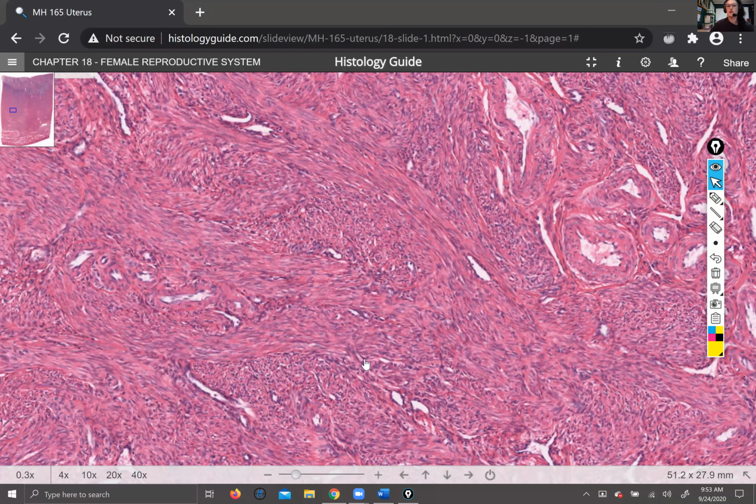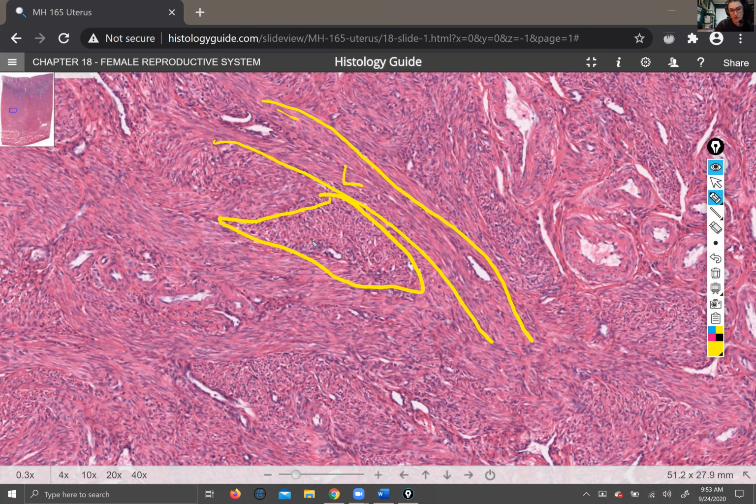So for this reason, the smooth muscle of the myometrium runs in multiple directions. So here we have some longitudinal smooth muscle. Here we have some cross-sectional. Here we have more longitudinal.